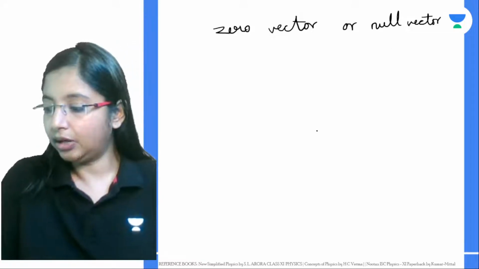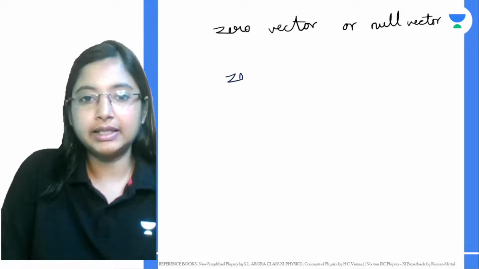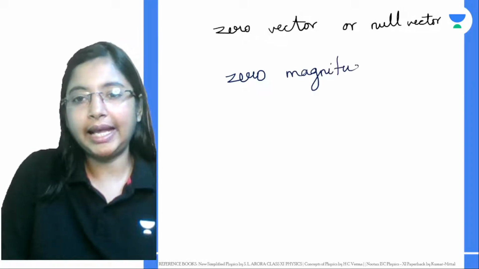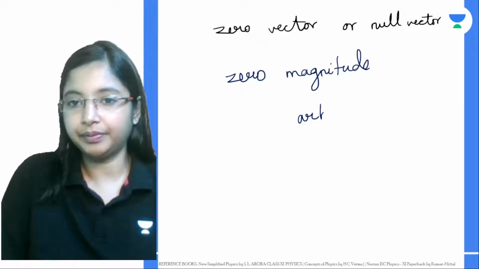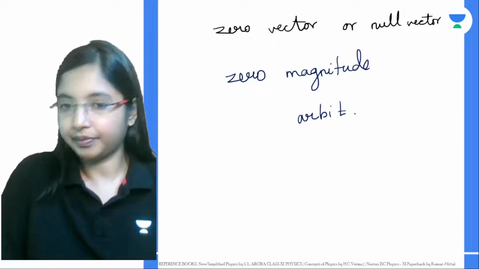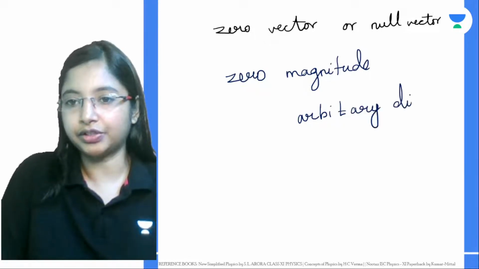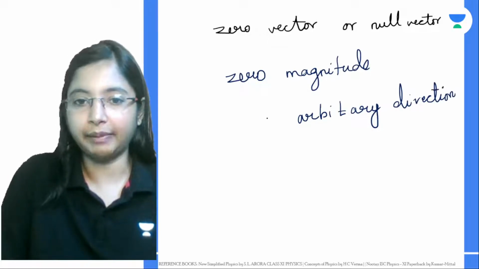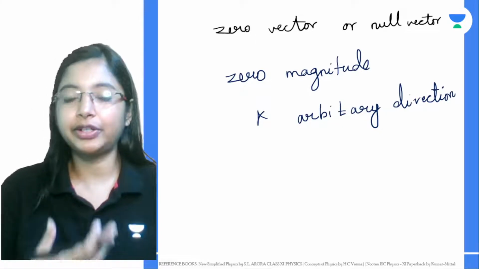This null vector has a zero magnitude and any random, or arbitrary, direction. A vector which has zero magnitude and arbitrary direction is called a zero vector.